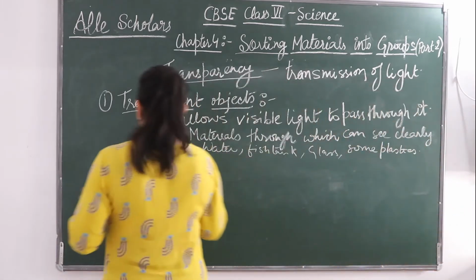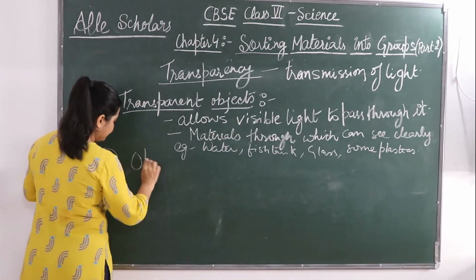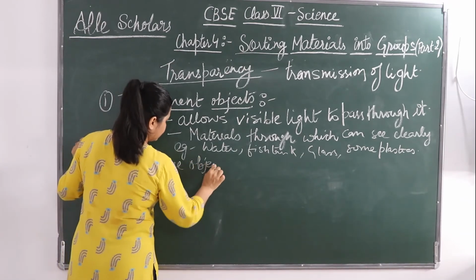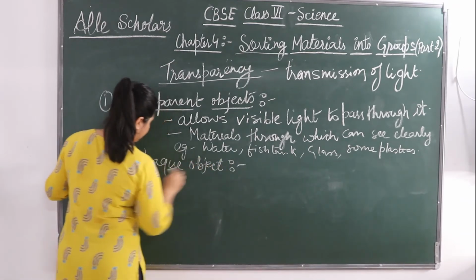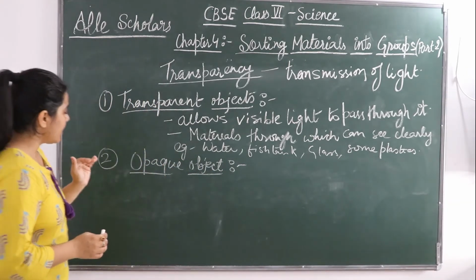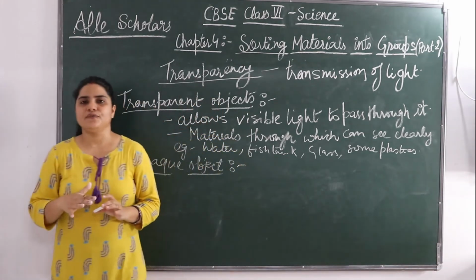So the next category is the opaque object. What is an opaque object? It is an object which does not allow passage of light.